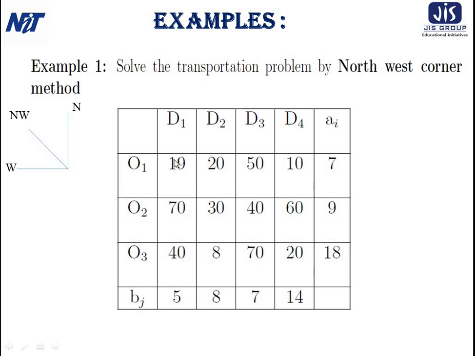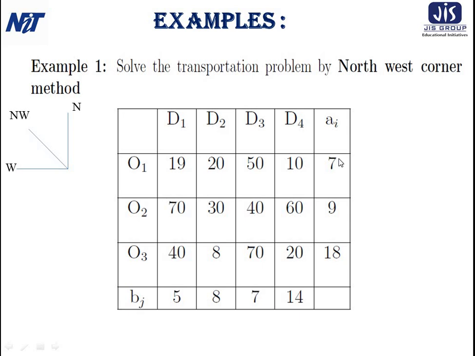And what is the requirement unit in this cell? The corresponding destination is D1 and the corresponding requirement unit is 5. So, 5 units are required and 7 units are available in this origin.